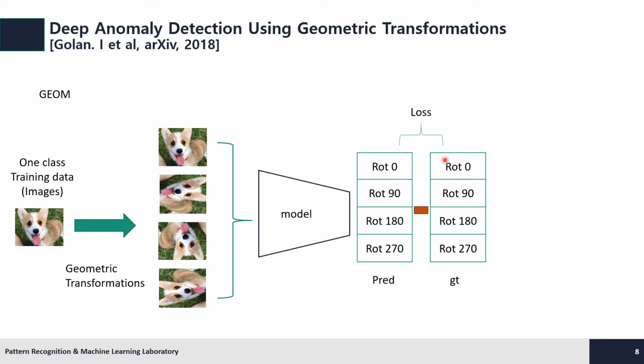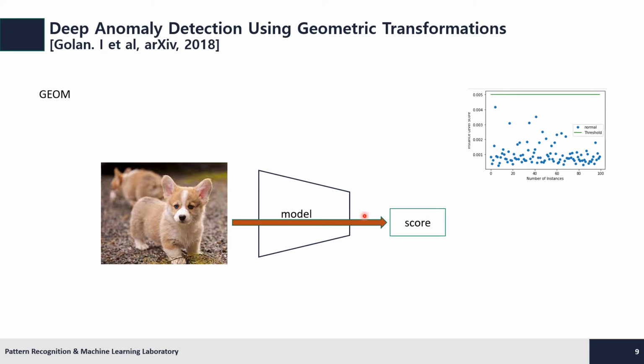This method originated from the motivation that the classifier learns to distinguish which transformation geo-transformed images have been applied to normal data, to obtain a common feature for normal data. Then the model will output the following scores for normal data.